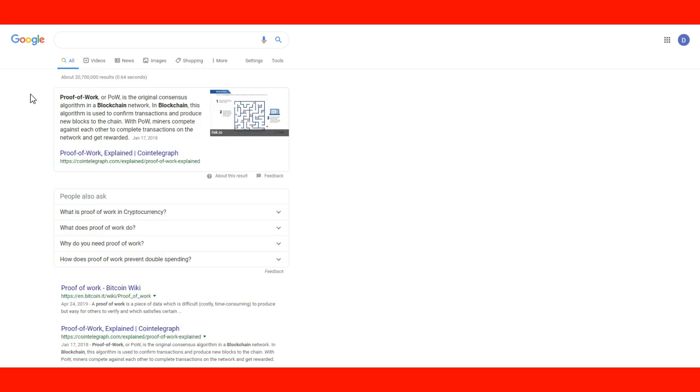Basically, it uses your computer's power, whether it be your CPU or your GPU, to solve blocks. Once you solve a block, or you were the first to solve the block, you would receive a reward for that. And that's how proof of work works.